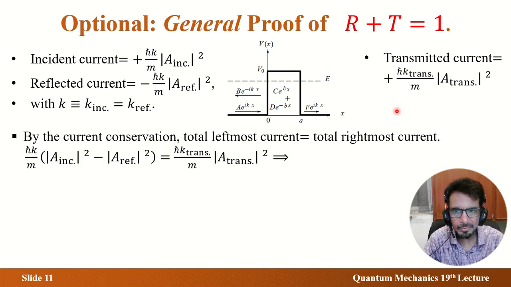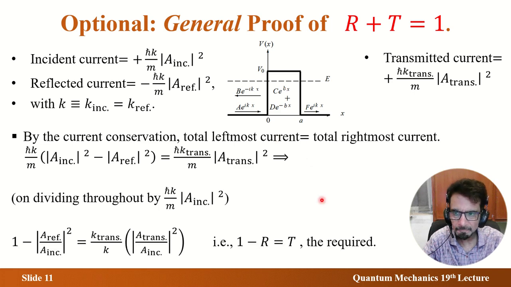So with that, current conservation means the total current in the left region is the same as the total current in the right region. In the left region you have incident and reflected; you add up, k is the same, you get that. And in the right region you have that. K transmitted is allowed to be different.